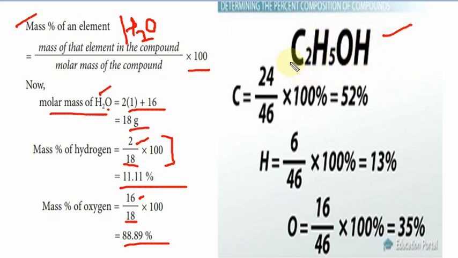All of you may know how it becomes ethanol. This is your OH group and this is your ethane group. Okay, in 10th class you have studied how to name these compounds.